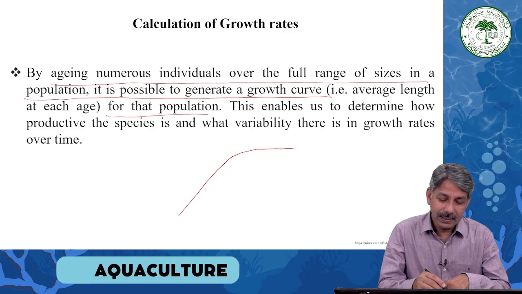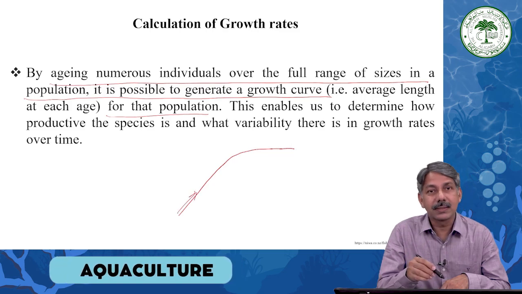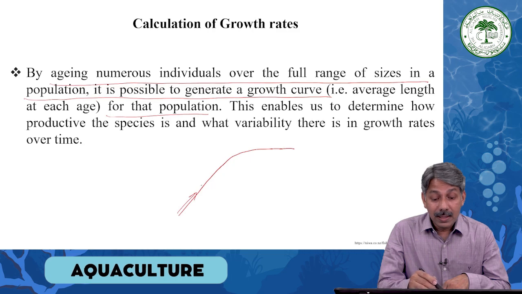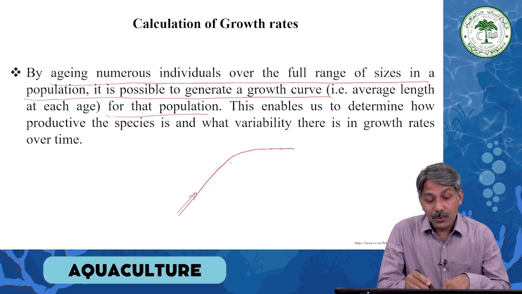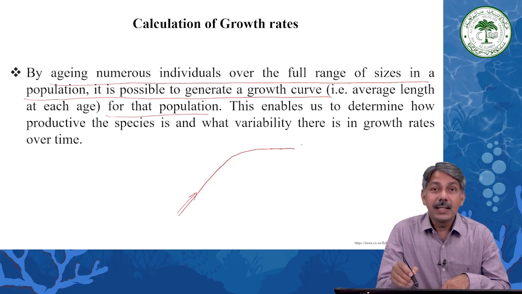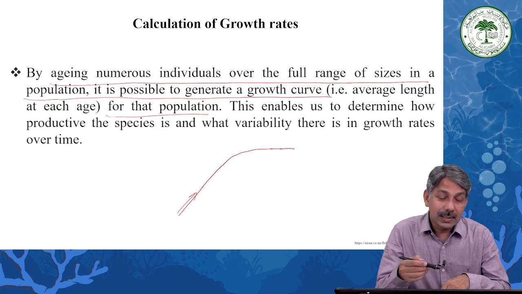In the beginning, the growth rate is very fast. Then later in life, the growth slows down. Ultimately, it slows down drastically, because fishes are organisms, animals, which show growth until they die. So there will be growth, but the pace of growth will slow down drastically in the older fishes.